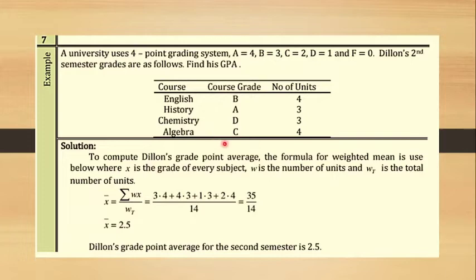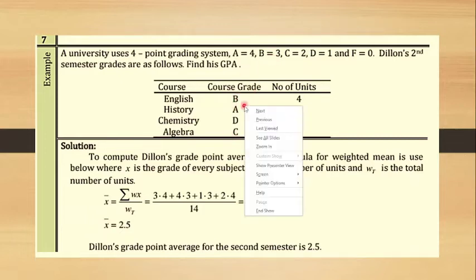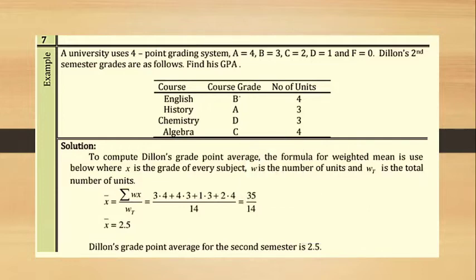This has a value, right? The course grade. So your B here is 3. A is 4. D is 1. And C is 2.